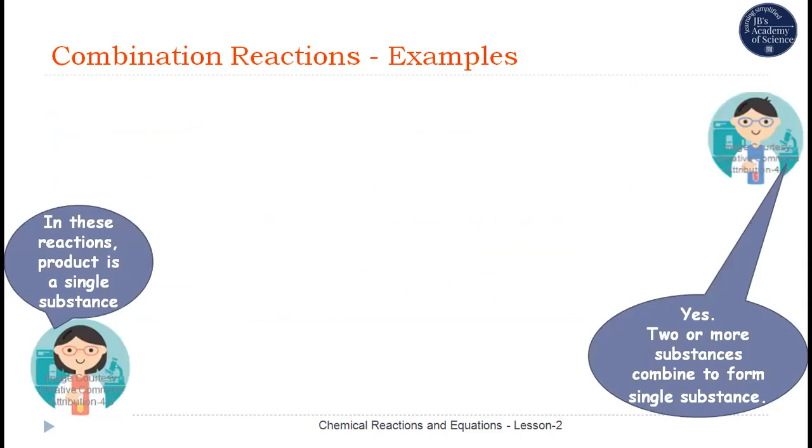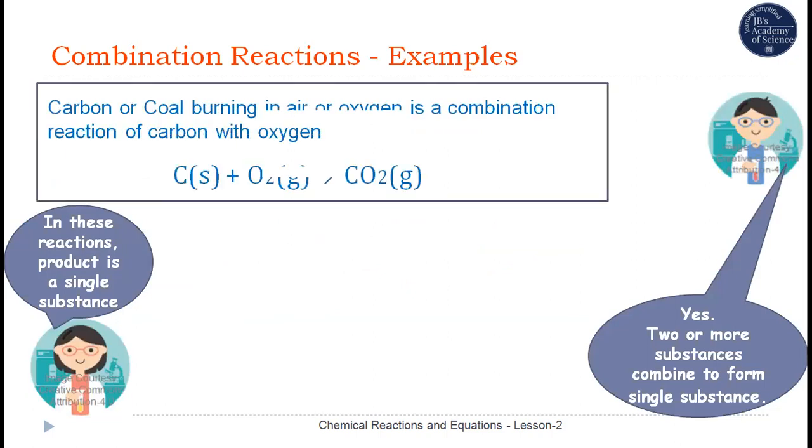Now let us see some more examples for combination reactions. Carbon or coal burning in air or oxygen is a combination reaction of carbon with oxygen. Carbon plus oxygen gives carbon dioxide. C plus O2 gives CO2.